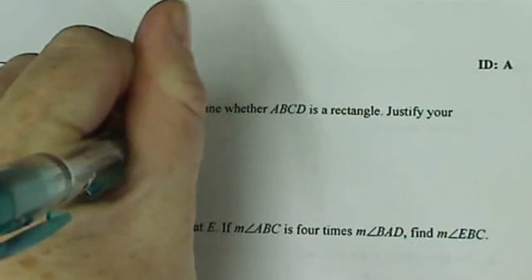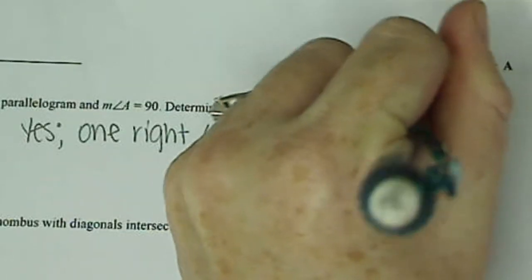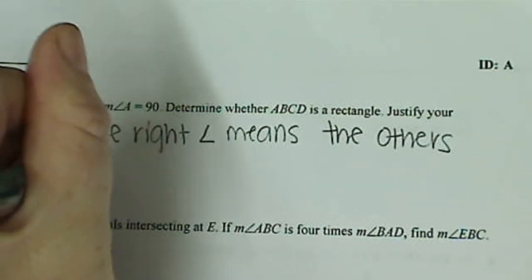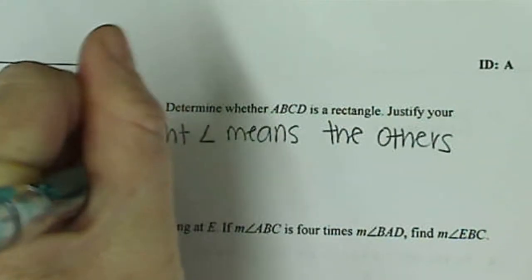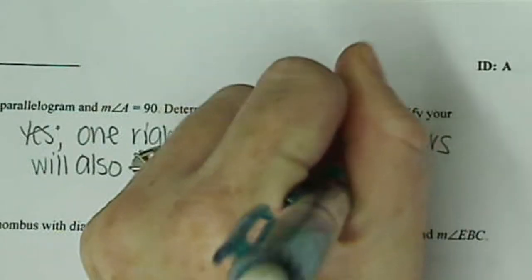One right angle means the others will also be right angles. If all the others, that means we have four.